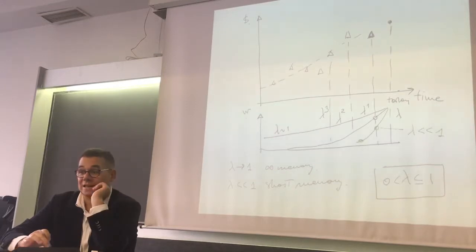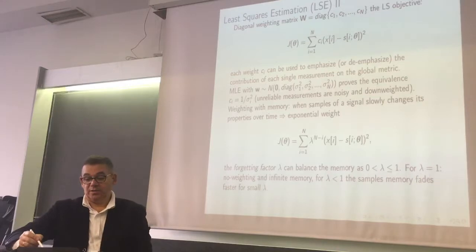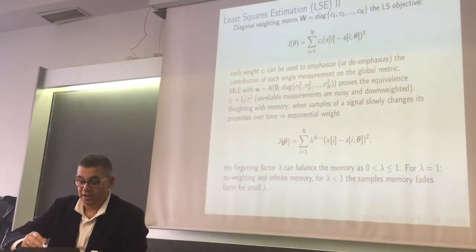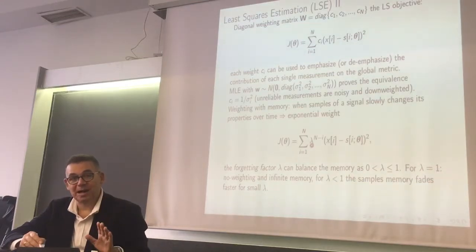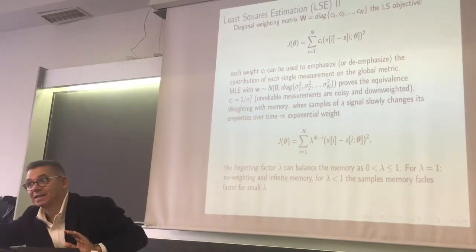So analytically it stands in the following way. My objective function J is obtained by summing, and don't be fooled by the lambda, it is lambda to the power n minus i. The reason is that I start from n.